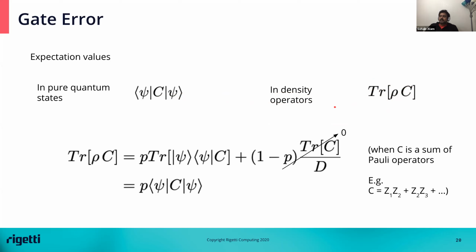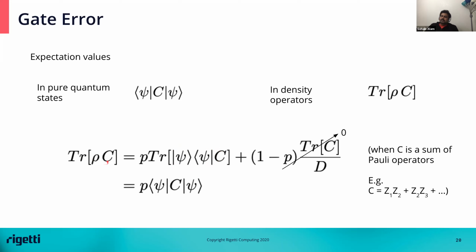But now let's compute what it looks like if originally my rho was some pure state psi, for which the density matrix, remember, looks like ket psi bra psi. So this part is my original density matrix, and this is, of course, the observable whose expectation value I'm interested in.